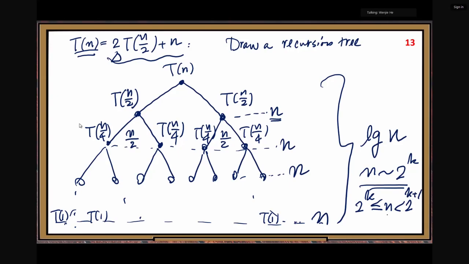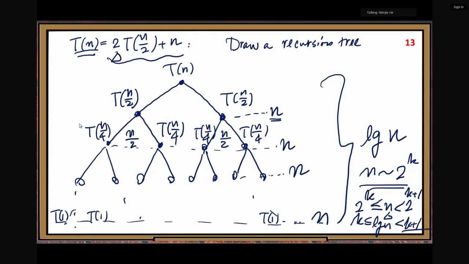Given any positive integer n, yes. Then k is less than or equal to log base 2 of n, which is less than k plus 1.